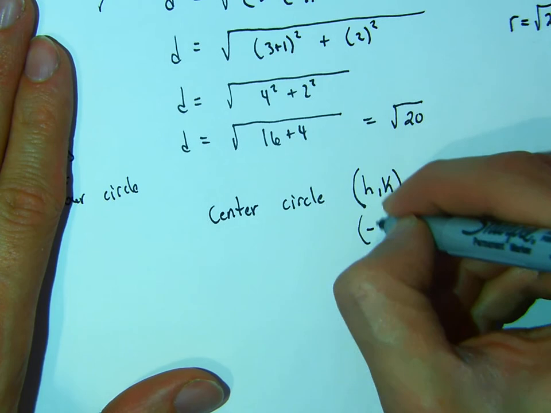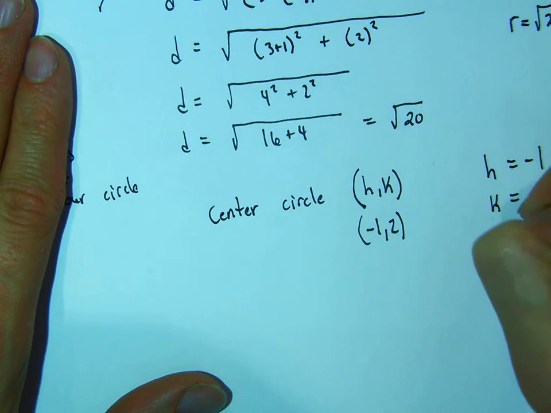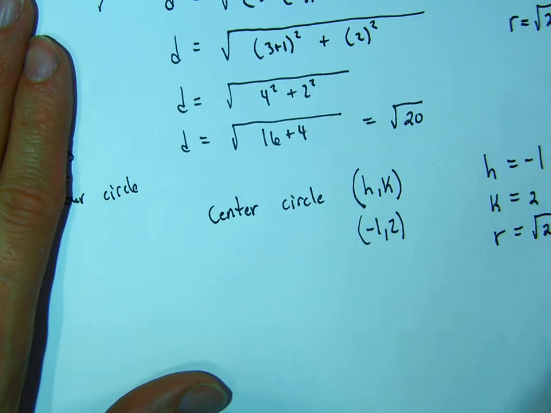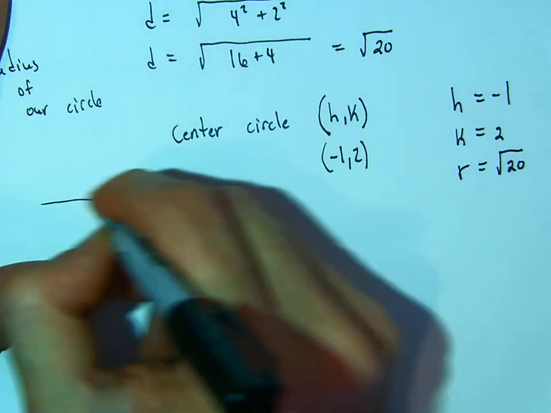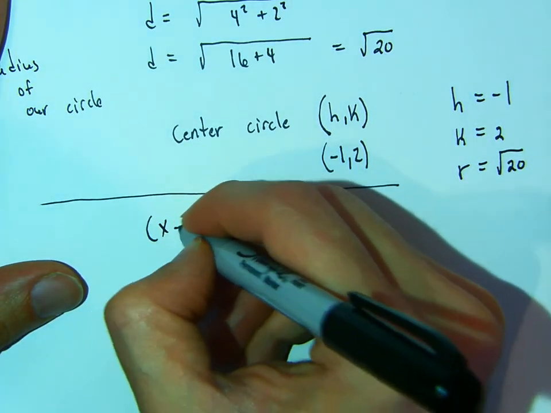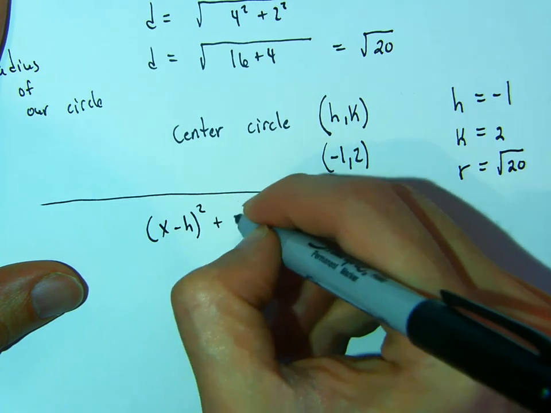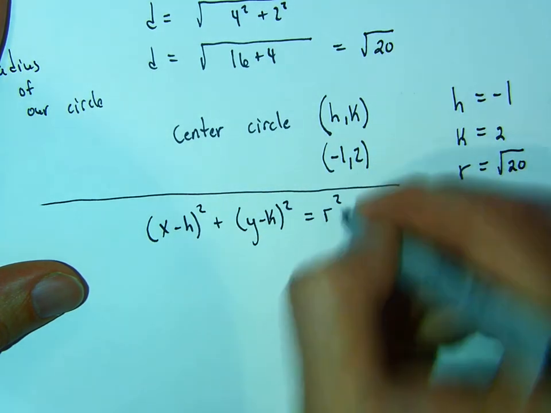So we know our h is equal to -1, our k is equal to 2, and our r is equal to the square root of 20. And the idea is we're going to use these 3 values for the equation of the circle. That's here. It's going to be (x - h)² + (y - k)² = r².